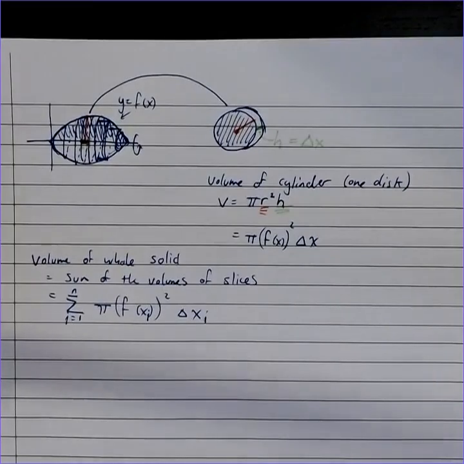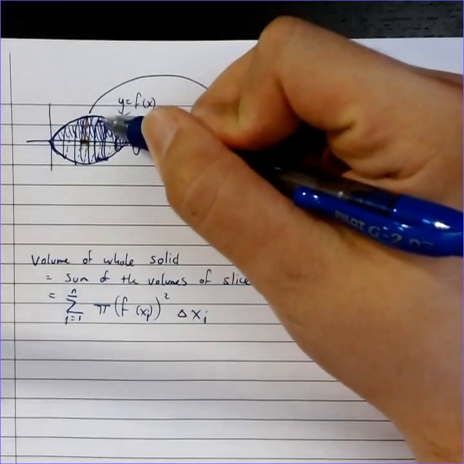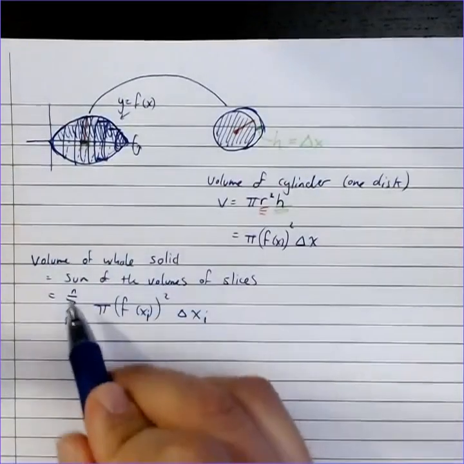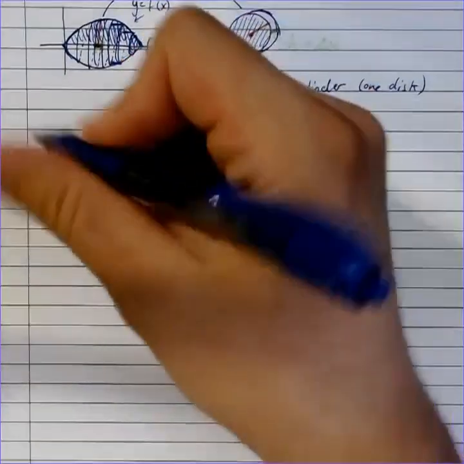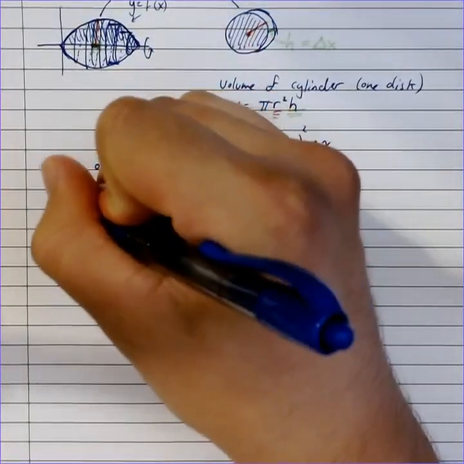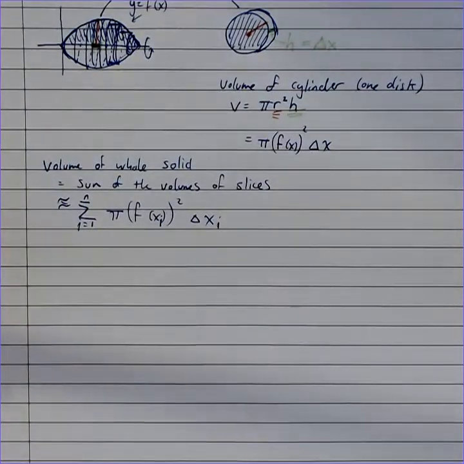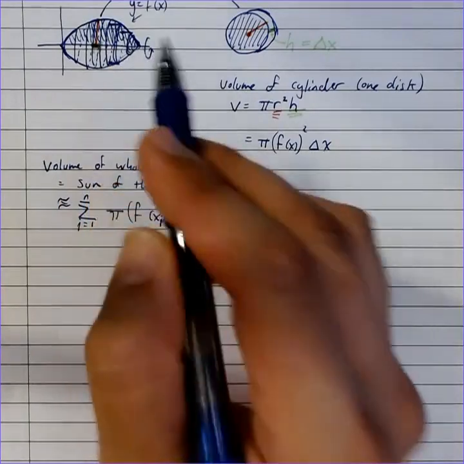Or, well, you know what? No matter how many times I slice it, it's still not going to be perfect. I need to slice it so many times that these become so thin that there's no gap at all. So I need n to become infinitely large. Here, the volume of the solid is equal to the sum of the slices, which is approximately equal to this sum here. This isn't exactly right. As you see, it's close, but it's got all these gaps.